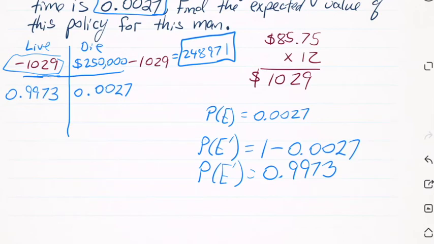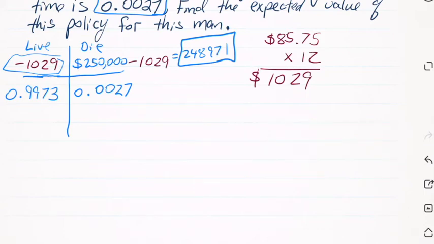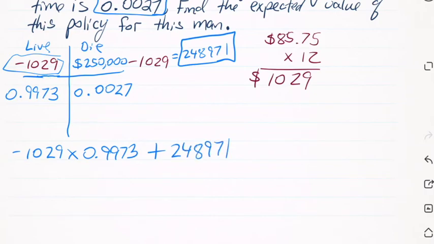So just like the other expected values, you're going to take how much your winnings or losings are and multiply by the probability of it actually happening. We're going to get negative 1029 times 0.9973 plus, it's always plus in between unless there's a negative number involved, $248,971 times 0.0027.